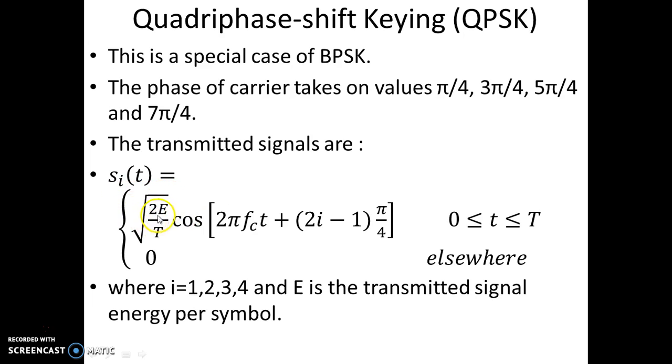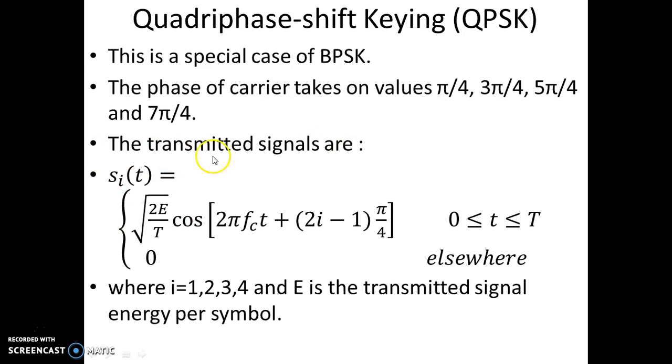In BPSK, 1 bit was one symbol. Here 2 bits is one symbol. So E stands for the energy of the symbol, the energy of the transmitted signal, and T is the time duration of the symbol. Here the symbol consists of 2 bits, so 2 TB is the time duration.